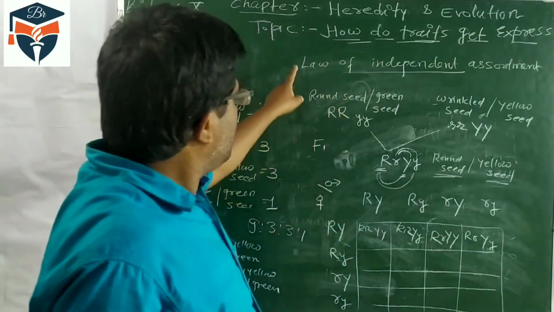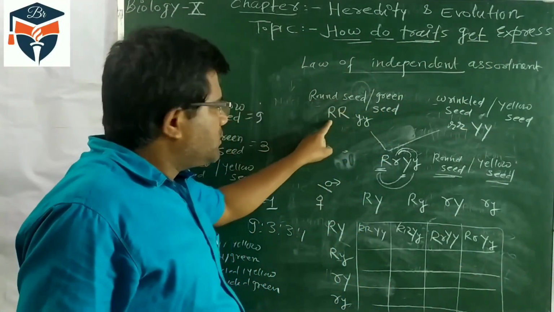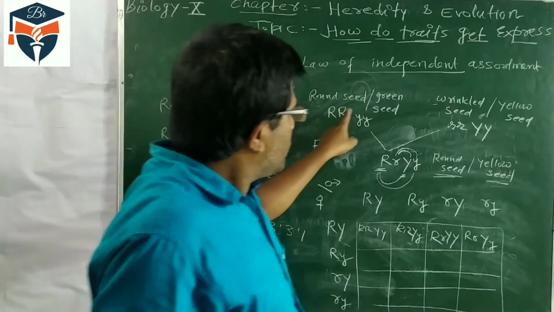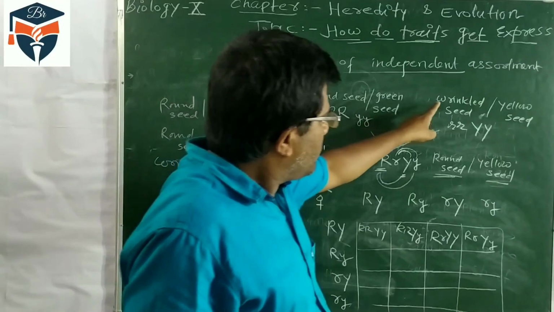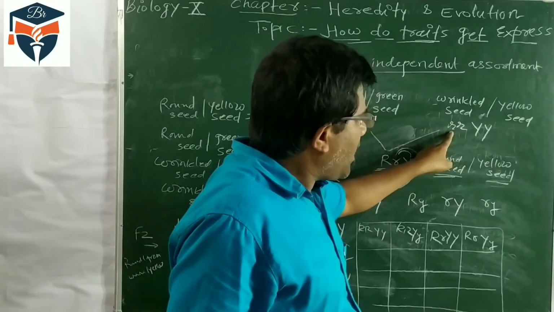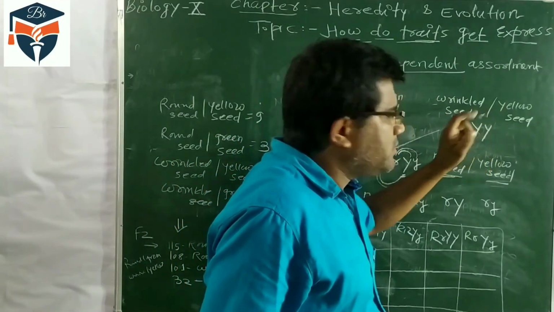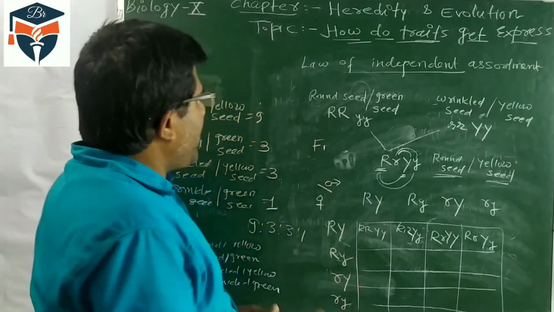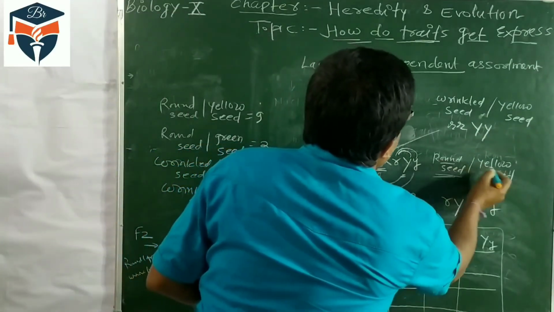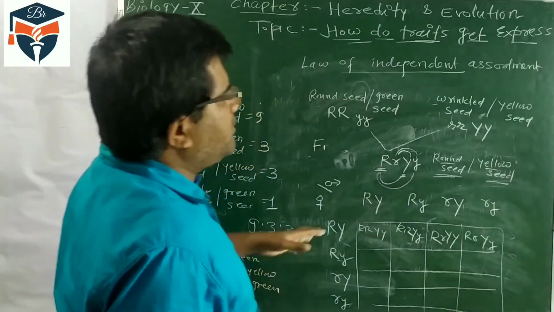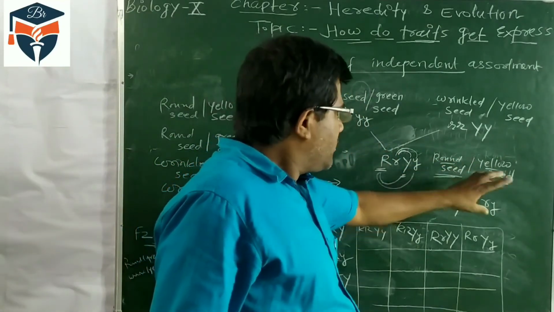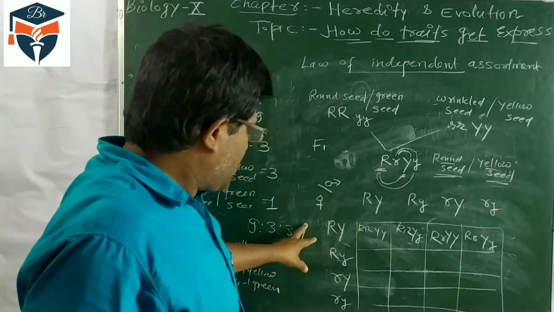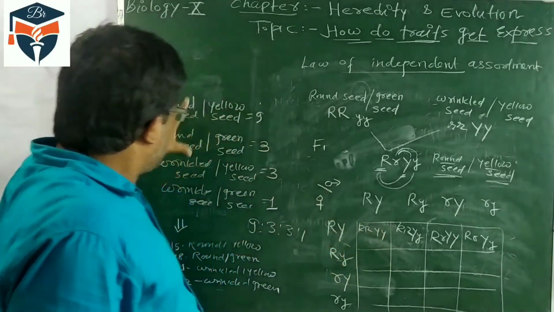So here is the allele of the round seed, capital R. Here is the allele of the green seed, small y. The wrinkled seed is here, small r allele, and the yellow seed is the allele capital Y. But in the F1 generation, all the plants are round seed with yellow seed because these both are dominant characters. In the F2 generation, when we cross, we get this.